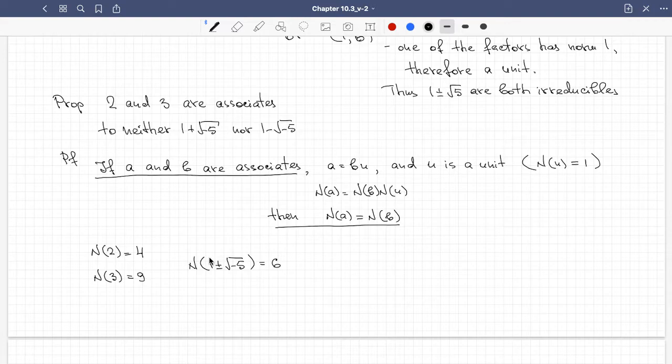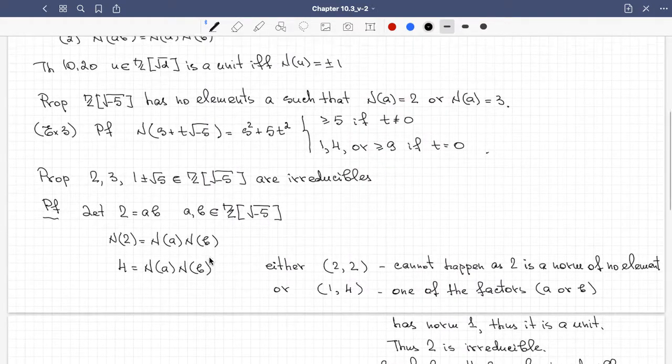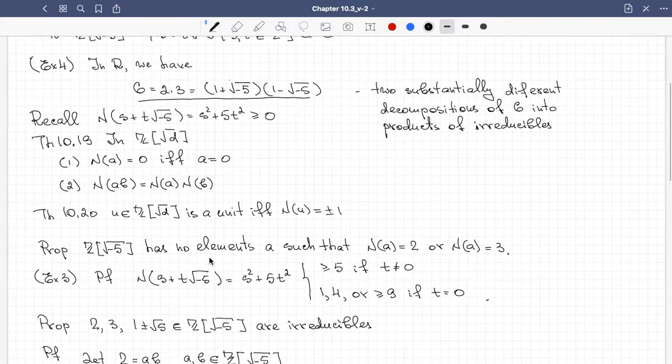What we have checked this way, that these are indeed two different decompositions. Let me show it again. Two different decompositions of an element 6 in the ring into products of irreducibles: 2, 3, two irreducibles. This is an irreducible, this is an irreducible. 2 is not associated to either of them. 3 is not associated to either of them.